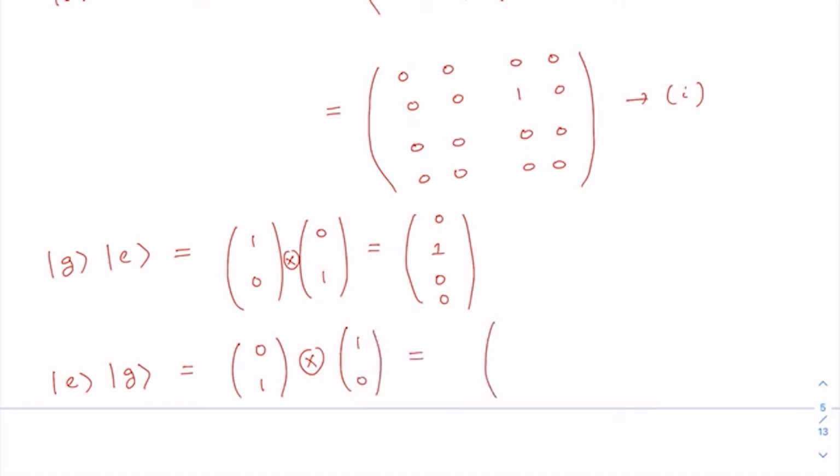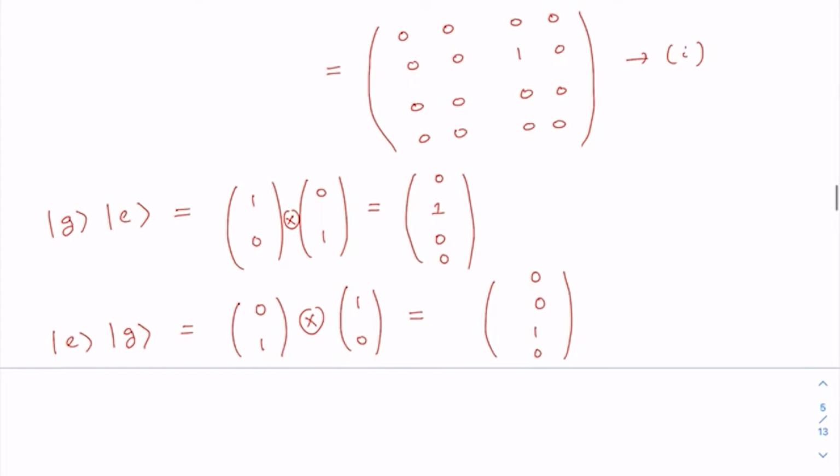So that would be 0 0 1 0. Okay, so therefore actually this I can write as abbreviation ket z e, and here I can write it as ket e z.